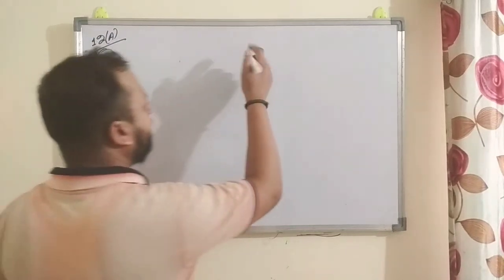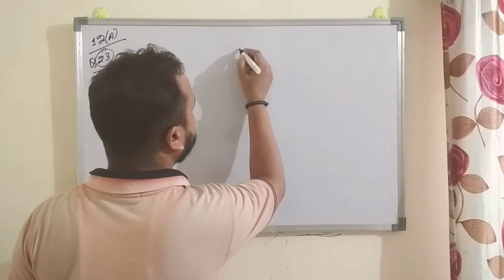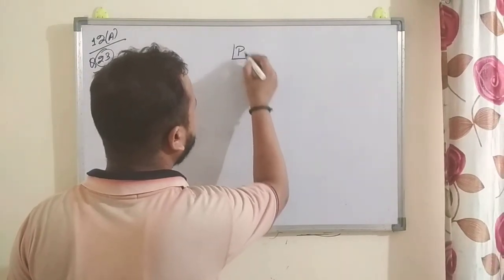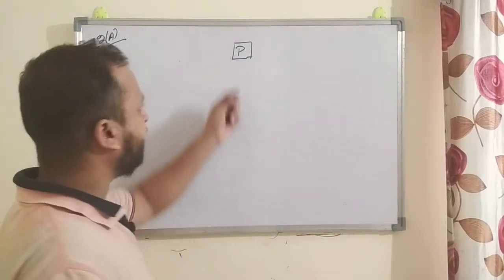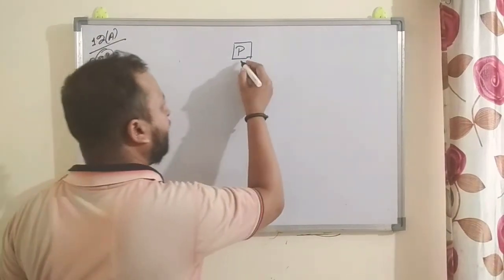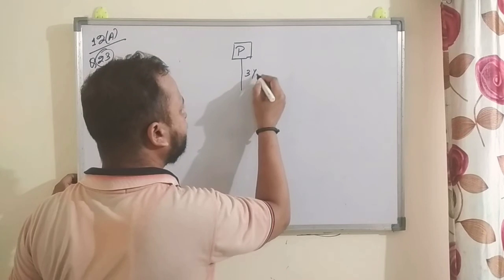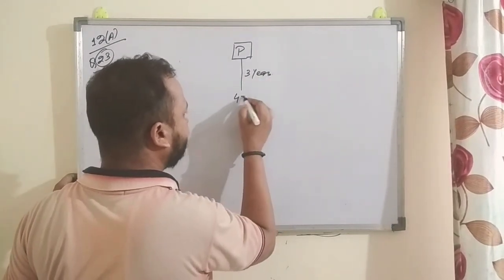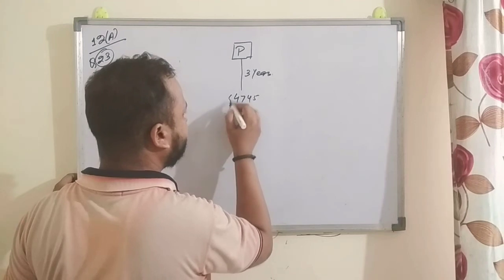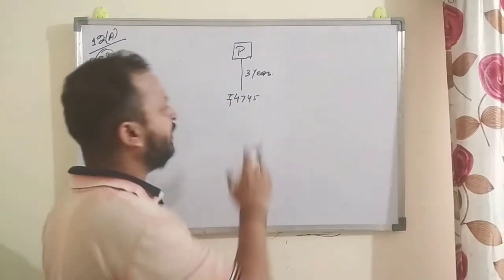Suppose a sum of money was there. The sum of money means the principal is there. Suppose this amount was there and this amount is lent out, right? And after 3 years, this amount becomes 4745 rupees.